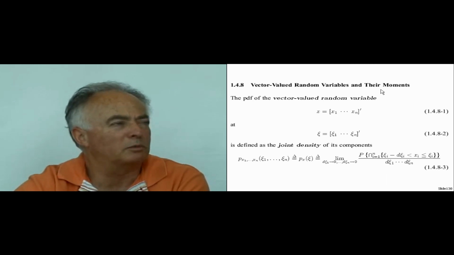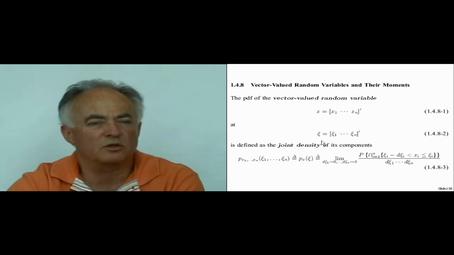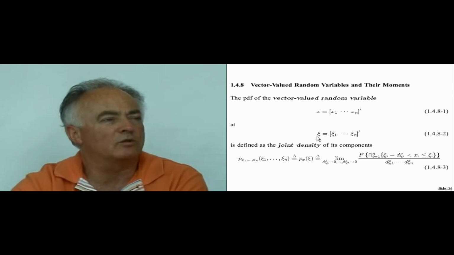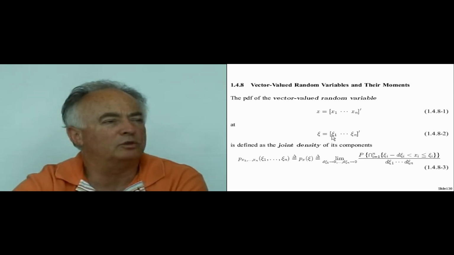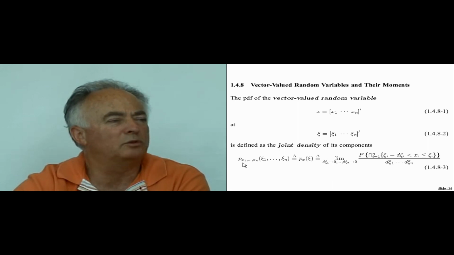First is the probability density function of a vector random variable x, written as a column, because it's the transposition of a row with elements x1 through xn, at a point in the space xi, with components xi1 through xin. It is defined as the joint density of its components, p sub x1 through xn at xi1 through xin.